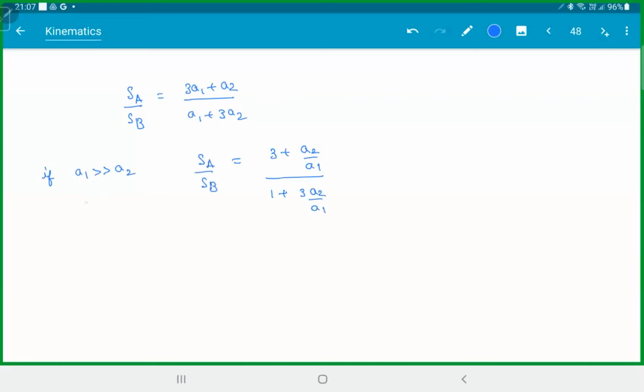If a1 is much greater than a2, that means a2 by a1 will tend to 0. Right, Ekansh? Are you getting it? If the acceleration of one train is very large, say 1000 meter per second square, and another train is only 0.1 meter per second square, then this term will tend to 0 and this term will tend to 0. This thing approximately turns out to be 3.